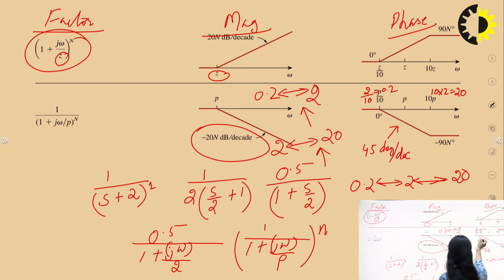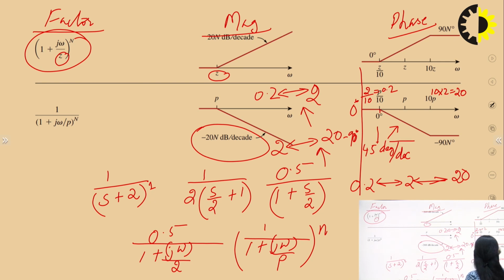So this is 2 decades, and you can see that it goes till minus 90 degrees. This is 0 degrees and this is minus 90 degrees. So from 0.2 to 20, it is 2 decades, and this is 90 degrees. Therefore, per decade it will be 45 degrees, so the slope is 45 degrees per decade.